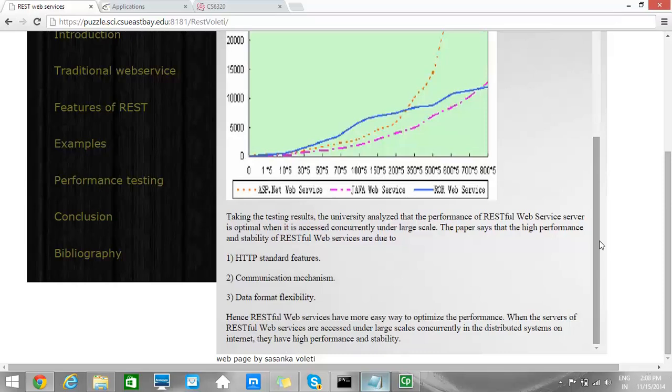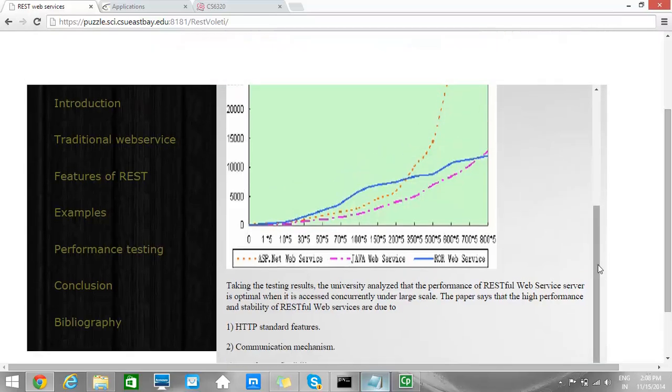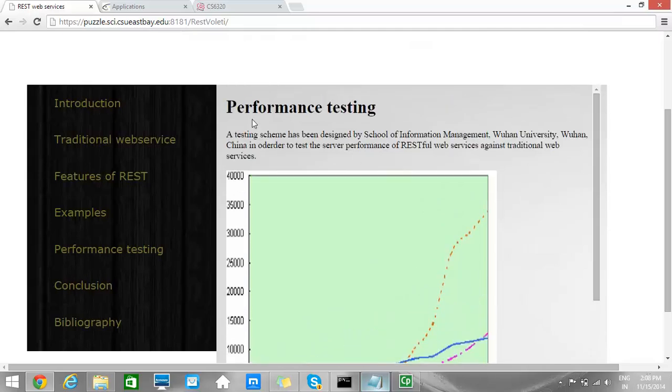The paper says that the high performance and stability are due to HTTP standard features, communication mechanism, and data format flexibility. Hence, RESTful web services have an easier way to optimize performance. When servers of RESTful web services are accessed under large scale concurrently in distributed systems on the internet, they have high performance and stability when compared to traditional web services.